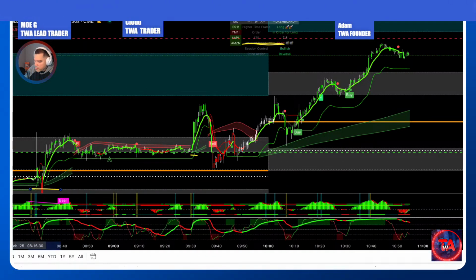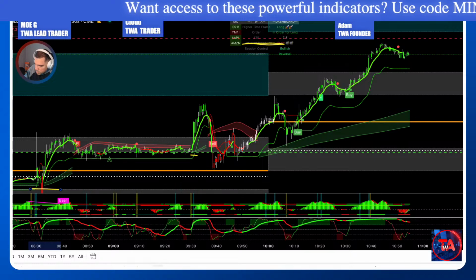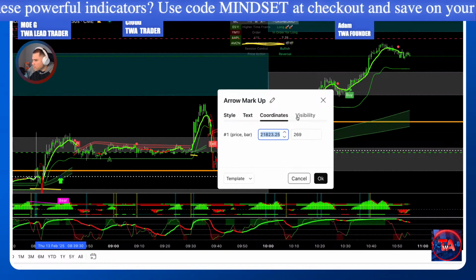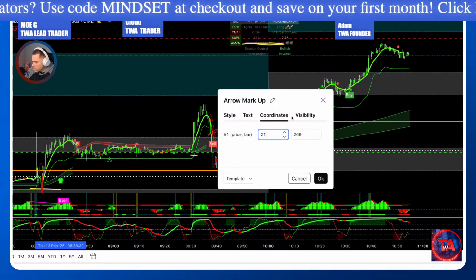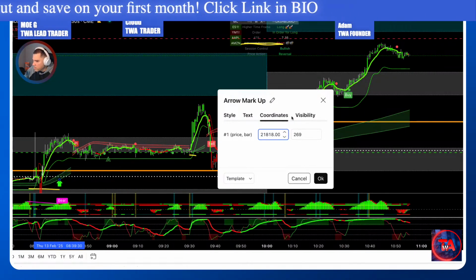Here, I can give you all my trade entries honestly. My first trade entry was at 21,818. My second entry on actual live was at 21,863.5.